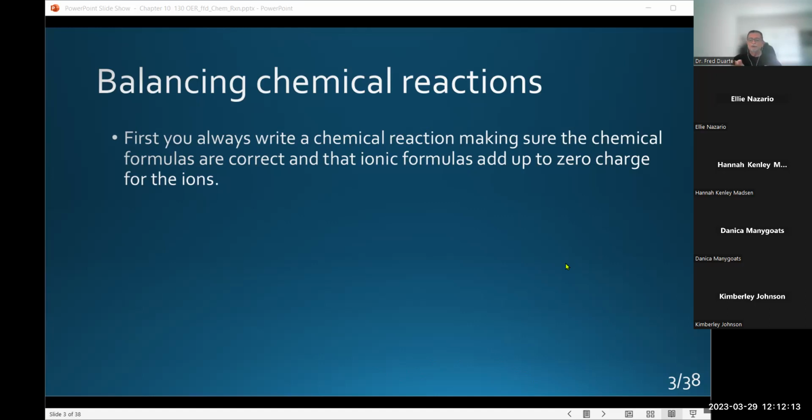Well, before we do anything, as always, we got to start someplace. Now, what's going to happen is you're going to be given a sentence that describes a reaction. Okay, from that sentence, we're going to convert it into a chemical reaction formula. We're going to convert these names of the compounds into formulas, and then write a reaction. And that's why nomenclature is important, that we learn how to either, given the name, give the formula, or vice versa. All right.